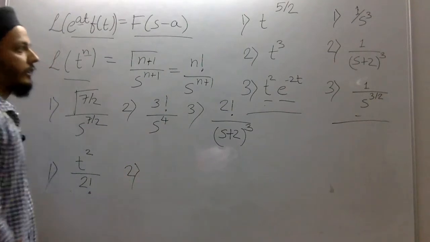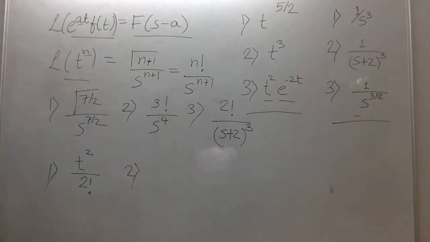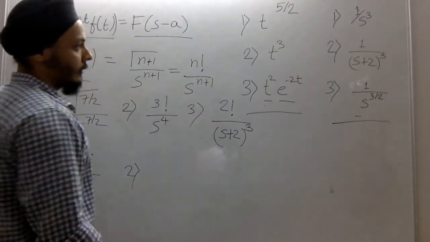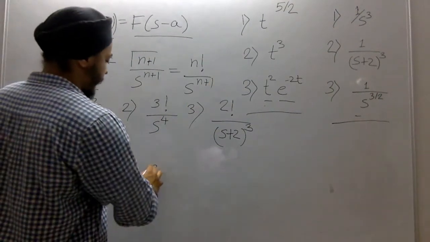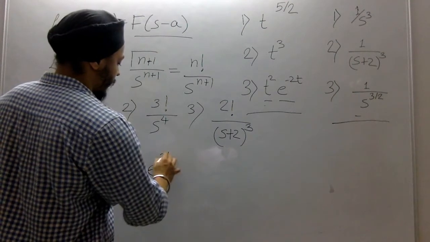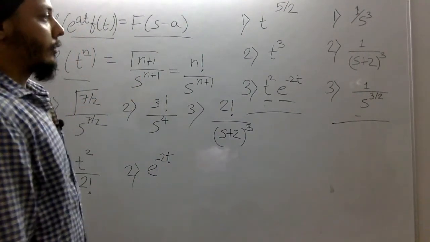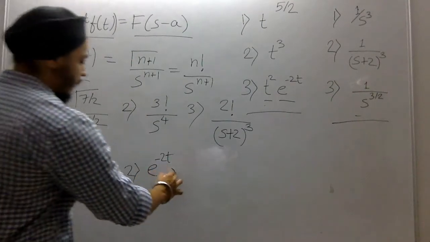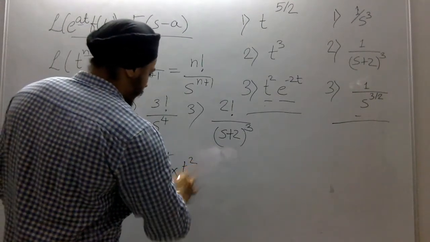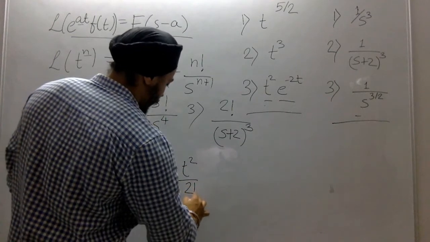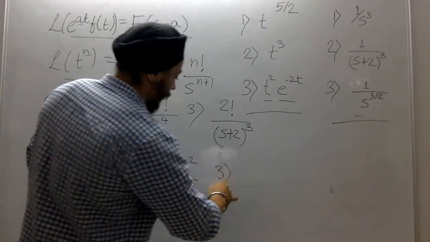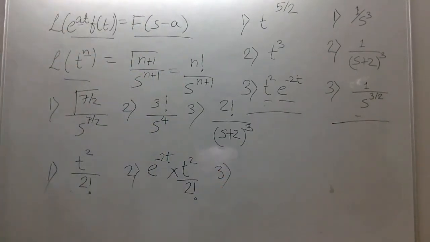For our second function, it is 1 over s plus 2 to the power 3. So to get s outside, we will write it as e to the power minus 2t. Now there is just 1 over s to the power 3, which gives t square by 2 factorial. Now for our third function, it is 1 over s to the power 3 by 2.